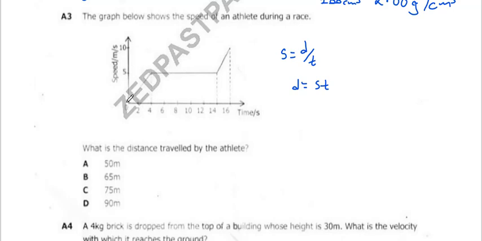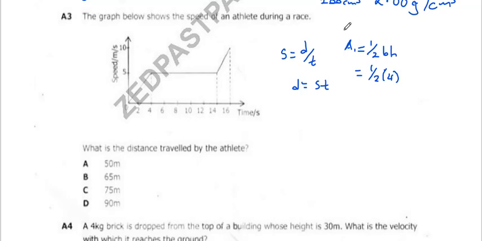So to find this area, let's say area 1 equals, area of a triangle equals half BH, remember that. And this is equal to half, what is our base? 4. What is our height?